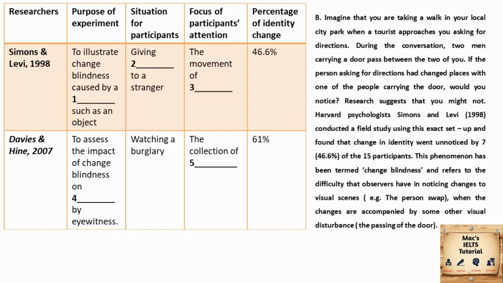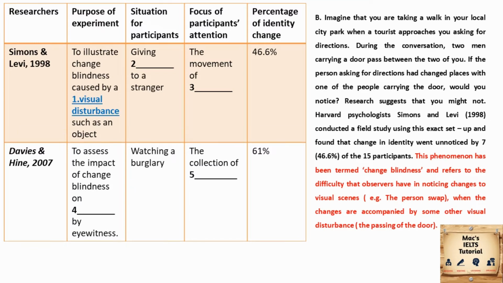So, we should search for the purpose of this experiment, which is stated in passage B. Passage B states that change blindness refers to the difficulty that observers have in noticing changes to visual scenes when the changes are accompanied by some other visual disturbances. So, the answer for the first question is visual disturbance.